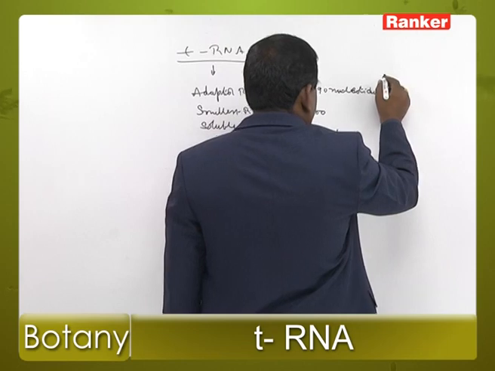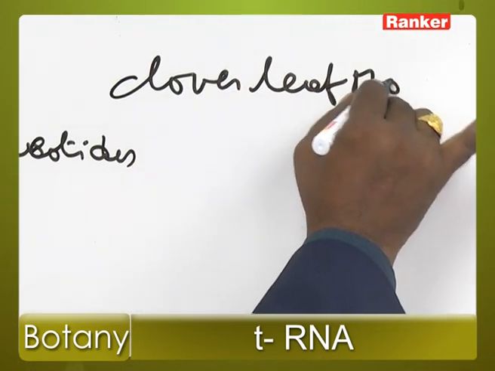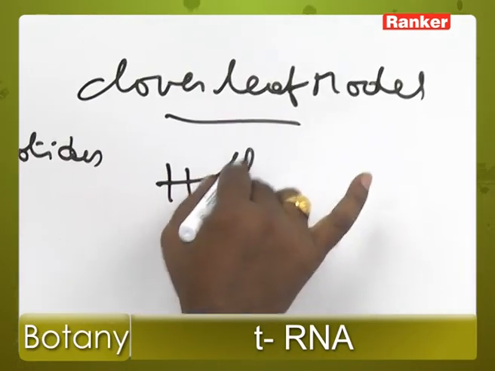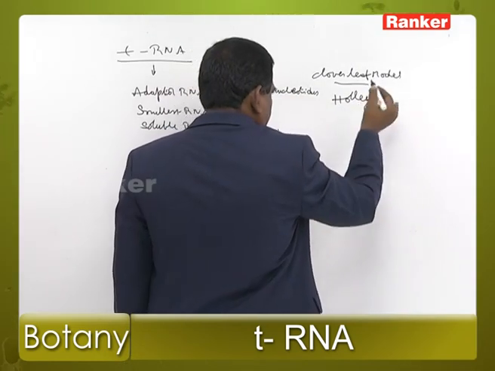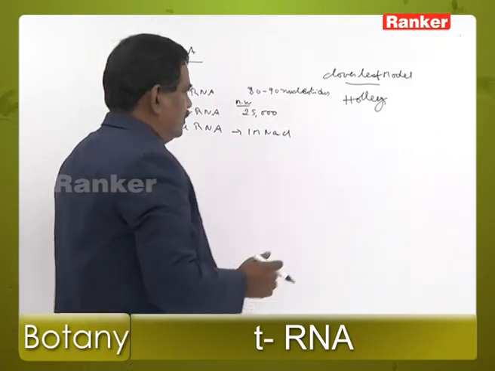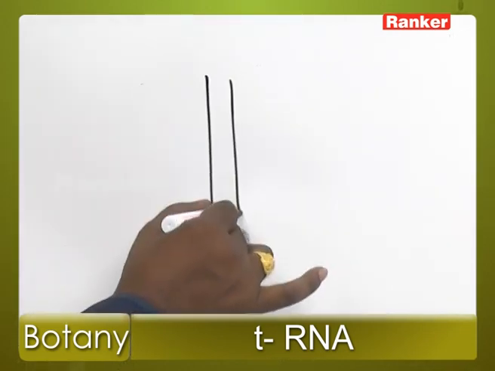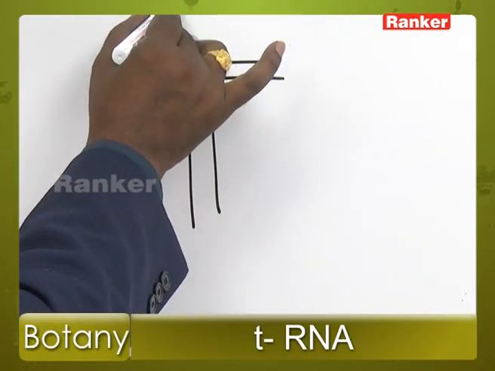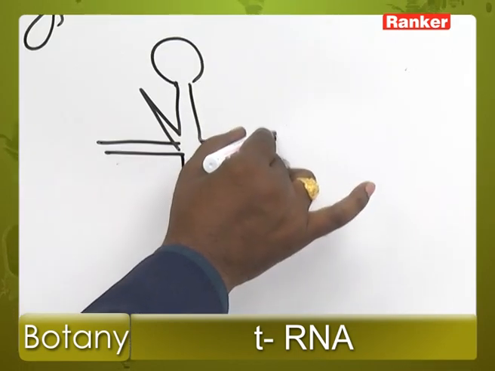Clover leaf model. The model of t-RNA was proposed by Holley. According to the clover leaf model, a t-RNA consists of 5 arms and 3 loops.